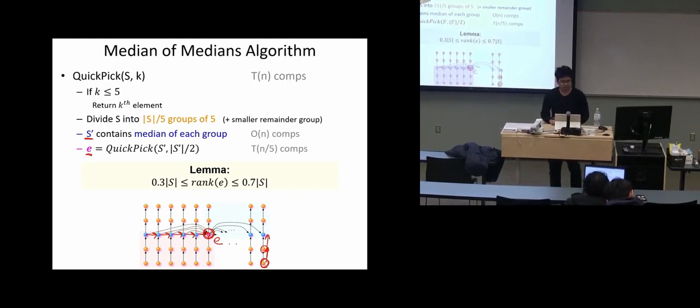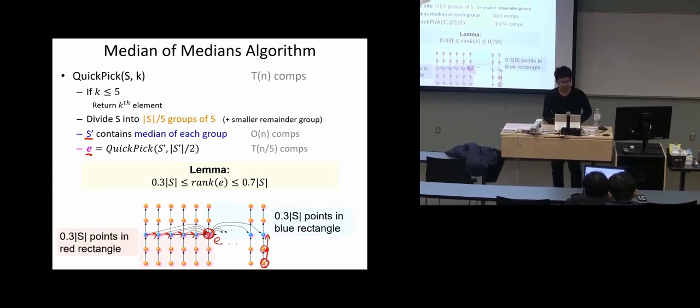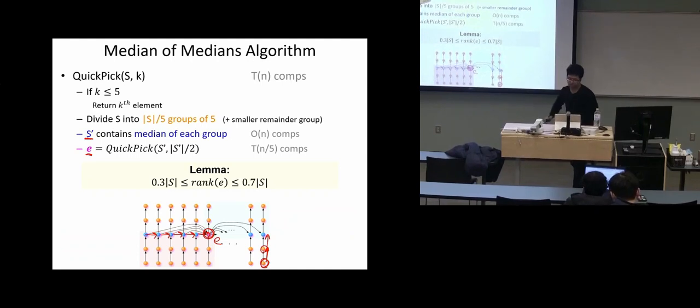So now, I claim that the rank of E is near the middle. Why is that? First, do you agree that everyone in the blue box here is greater than E, right?